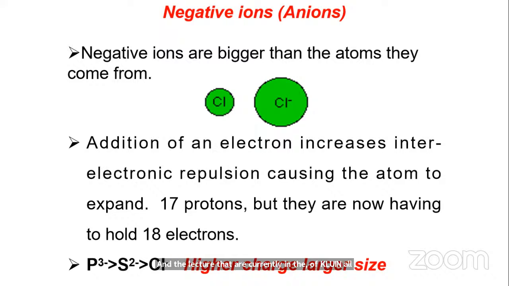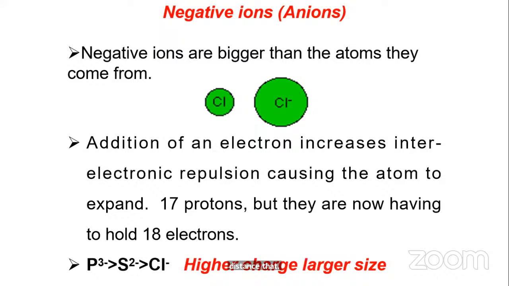And so there will be an inter-electronic repulsion. The electrons present in the valence shell of chlorine, or any other atom of interest, will sort of resist the addition of a new electron. That is what we call the inter-electronic repulsion. As a result, there is an increase in size, because the electrons will now position themselves at a distance that is not too close to their neighbors.